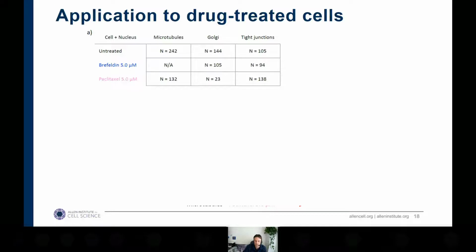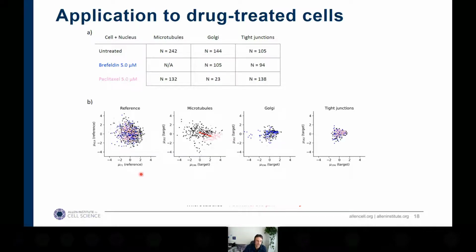One important observation when looking at the latent space for the reference channels for the DNA and for the cell is that these drug-treated cells end up in the same part of the latent space, right? So this means that these cells have similar shapes in terms of their nuclei, in terms of their cell shape.